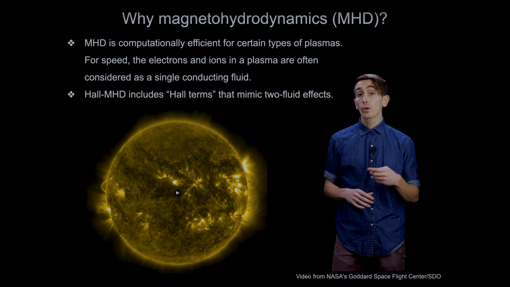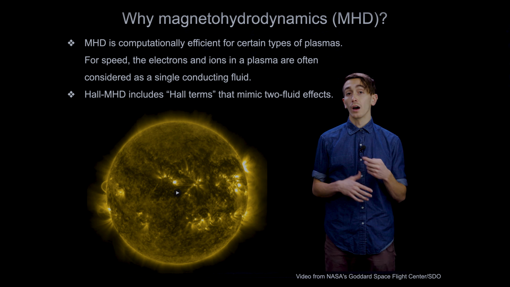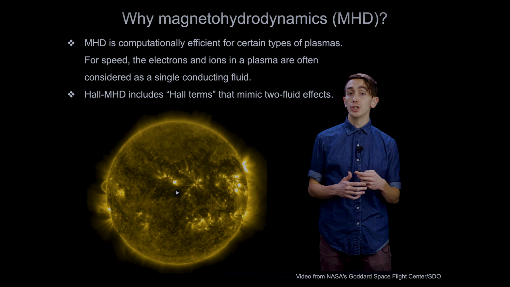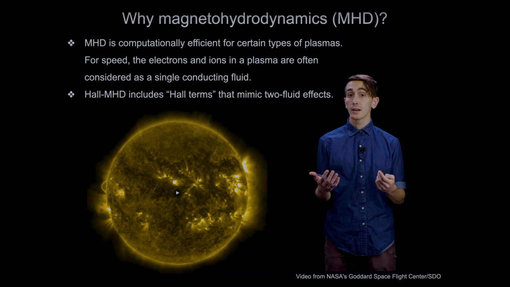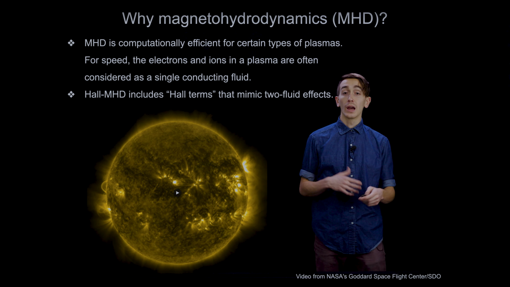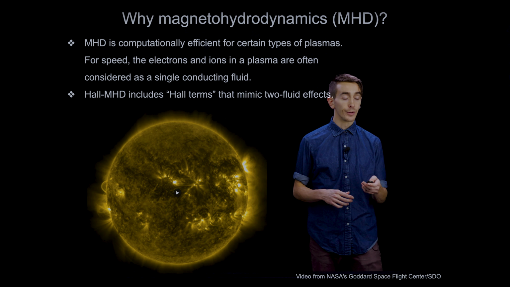In fact, numerical work, for instance Jian Akjai's dissertation, showed that when you put these Hall terms into the MHD models we use to simulate HIT-SI, the validation with experiment improves. So we have a good theoretical and numerical justification for why we want Hall-MHD to validate with the experiment.